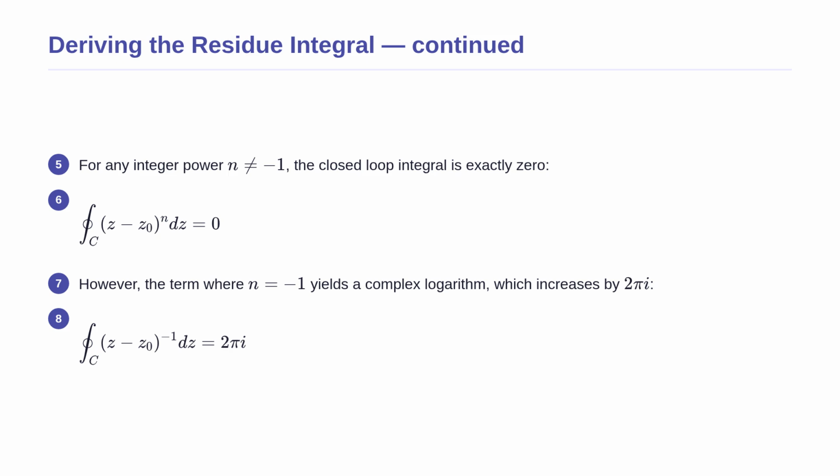However, the term where n equals -1 behaves completely differently. Its antiderivative is a complex logarithm. When you go around the origin exactly once, the imaginary part of this logarithm increases by 2 pi i. It leaves a permanent leftover value that does not vanish.